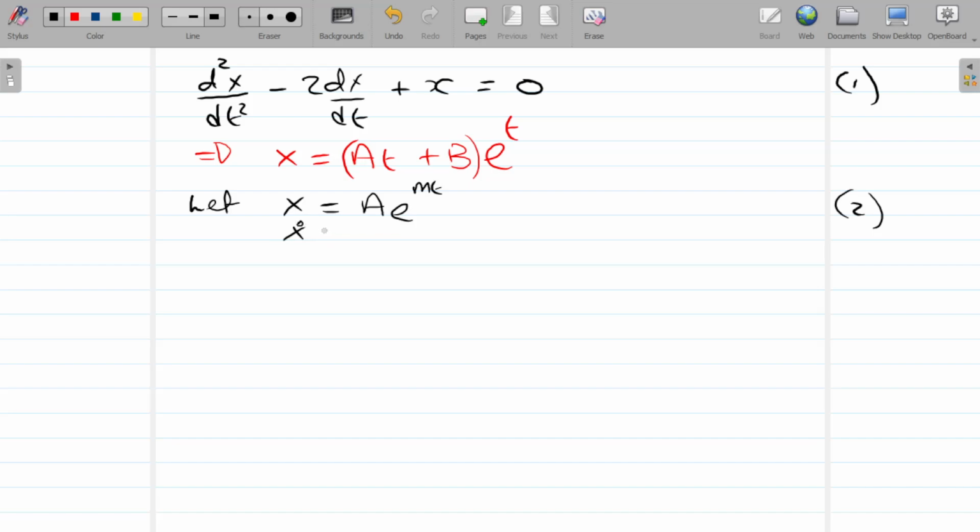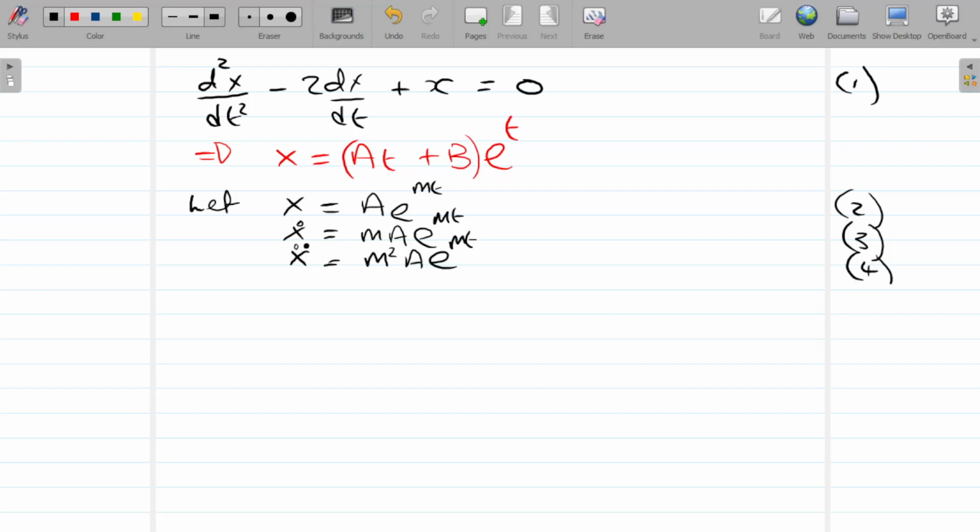I'm just using the x dot notation here instead of dx by dt, because it just condenses it a little more onto the page and we're not taking up as much space. So that comes out to be m a e to the mt, and we'll call that equation 3. We differentiate that again, and that comes out to be m squared a e to the mt, and we'll call that equation 4.